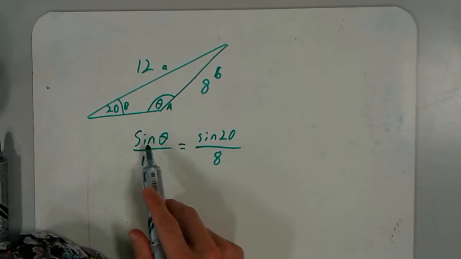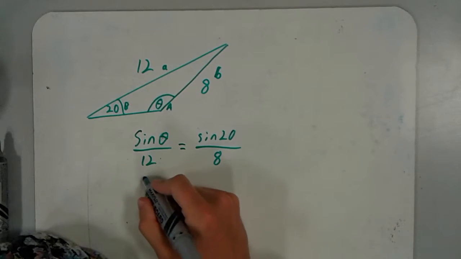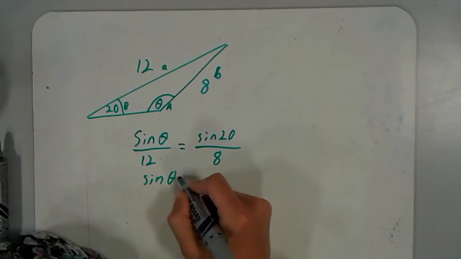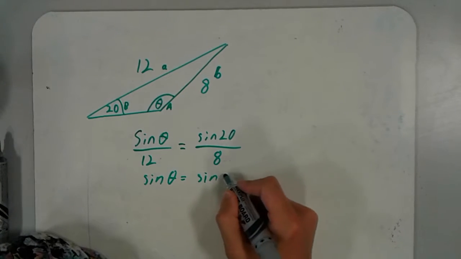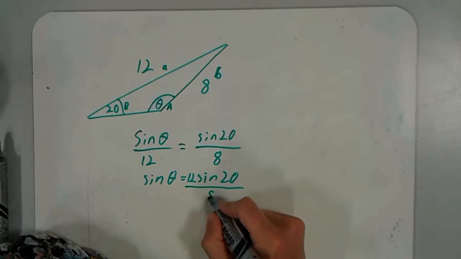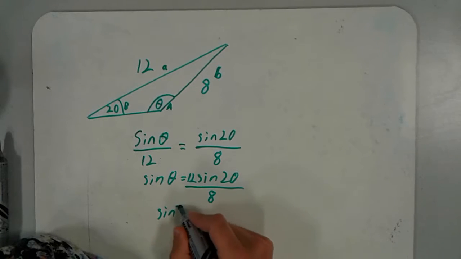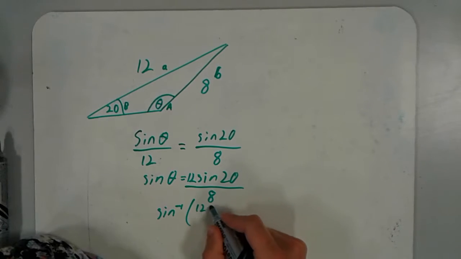Now what we need to do is get sine theta by itself, so I need to multiply by 12. Multiplying by 12 and then sine inverse of this value.